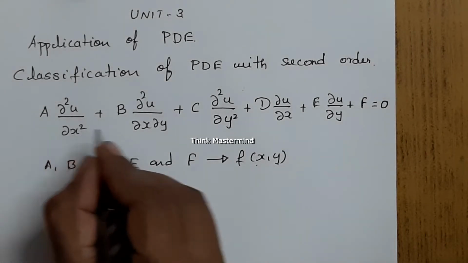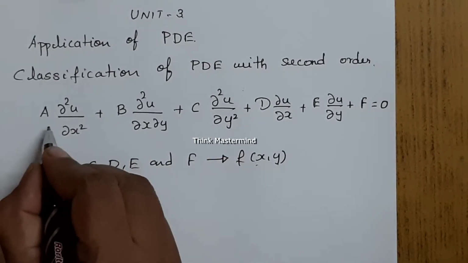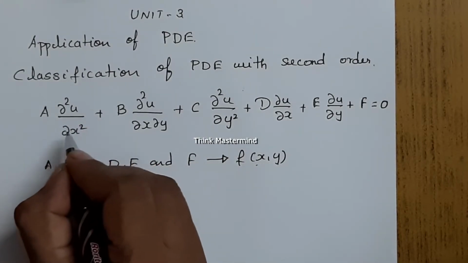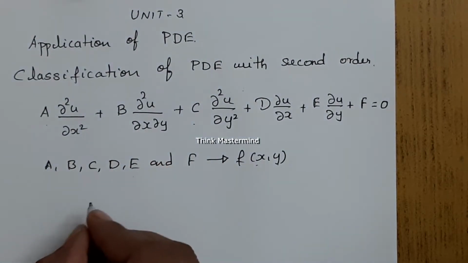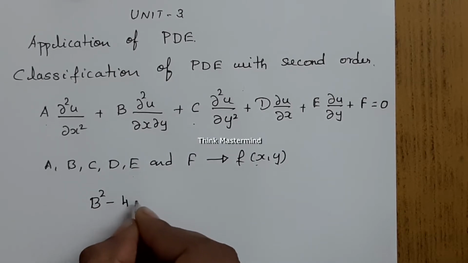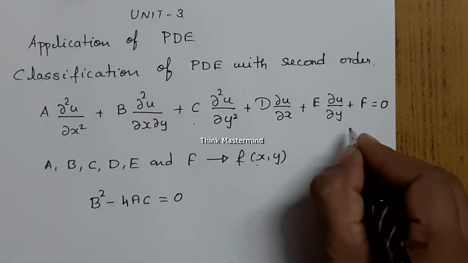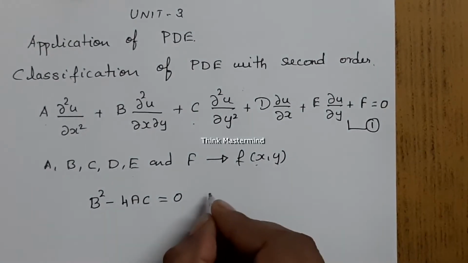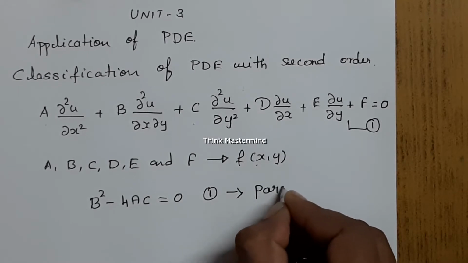So how to classify this partial differential equation? We just consider the second order derivative coefficients, that is a, b, c. If b² − 4ac is equal to 0, then equation 1 represents a parabolic function.